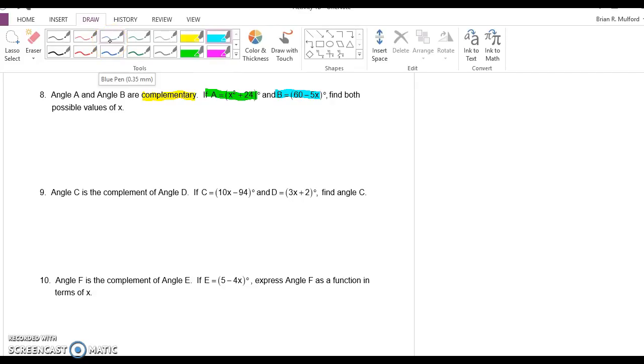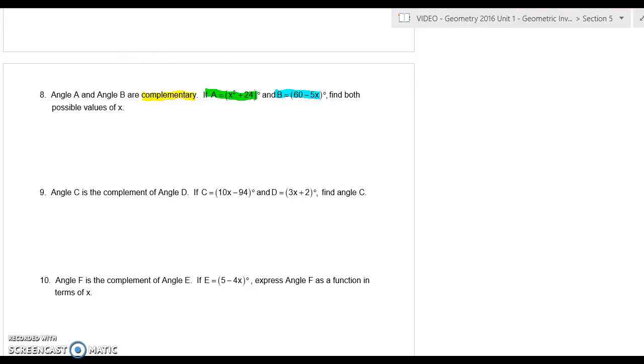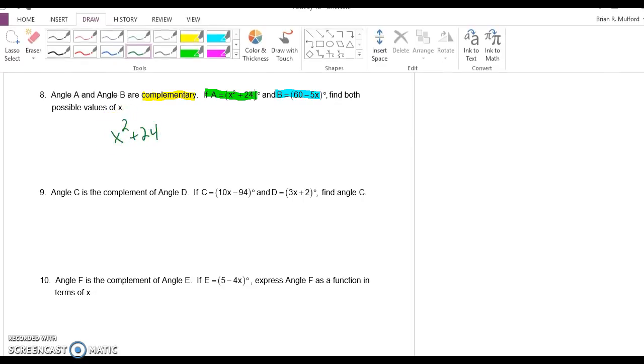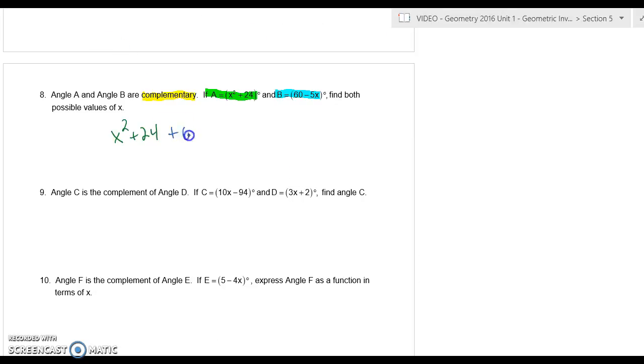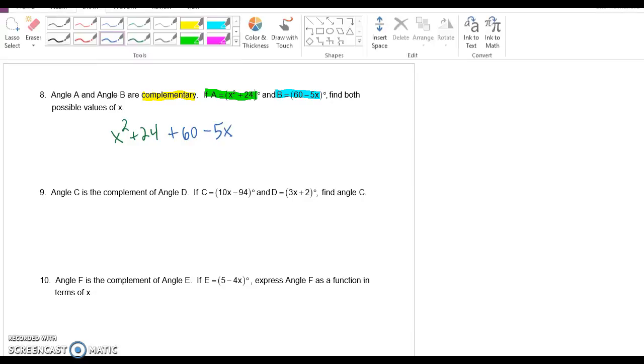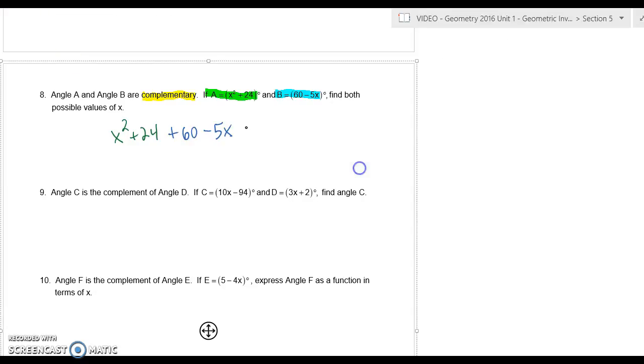And we're going to create an equation here. So A we said was x squared plus 24. And then B we said was 60 minus 5x. And because they're complementary, we know they have to equal 90 degrees.